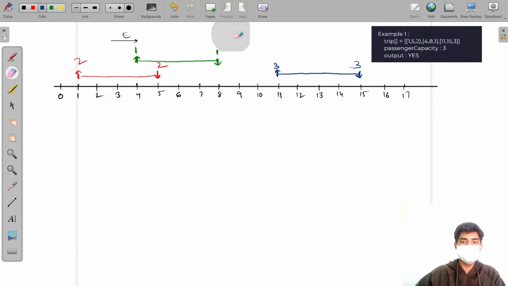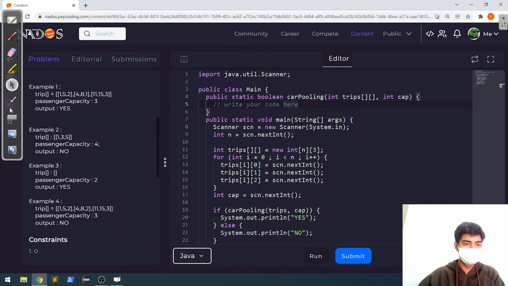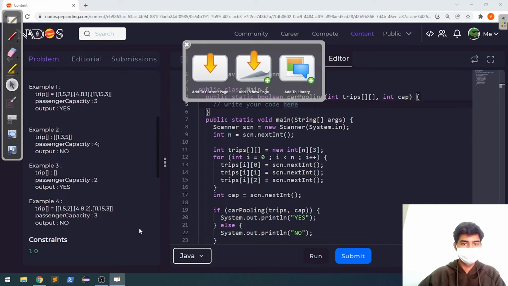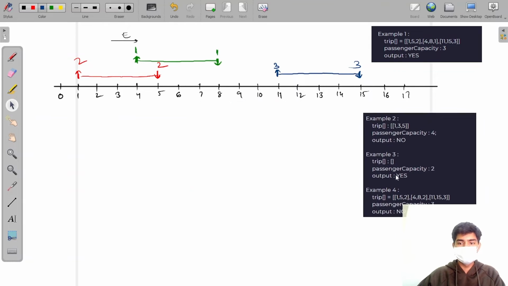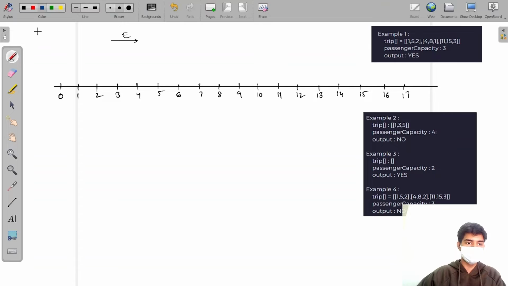We can also take another example case. So let's take the other three example cases. The first trip says I have five passengers.